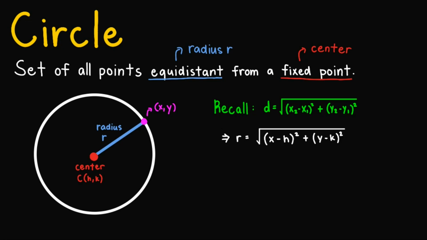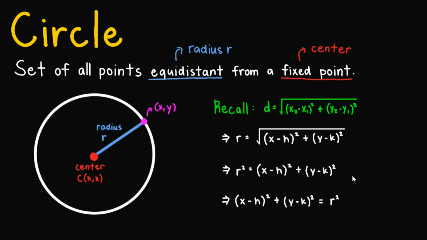Then from here we can square both sides to remove the square root part out here to obtain r squared equals x minus h squared plus y minus k squared. Now lastly, we just interchange these two to obtain this. This out here is our equation for the circle. So this is the usual equation that we'll see in circles.